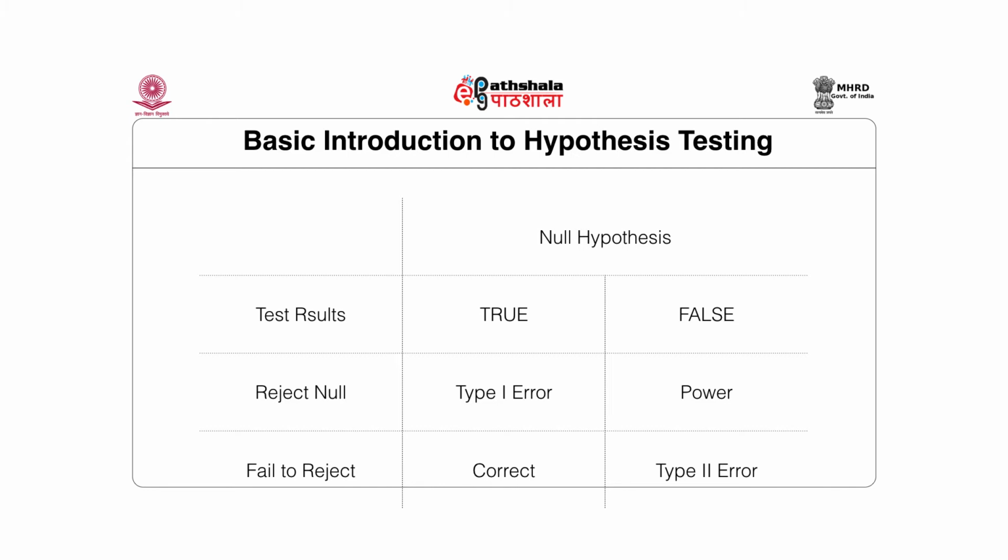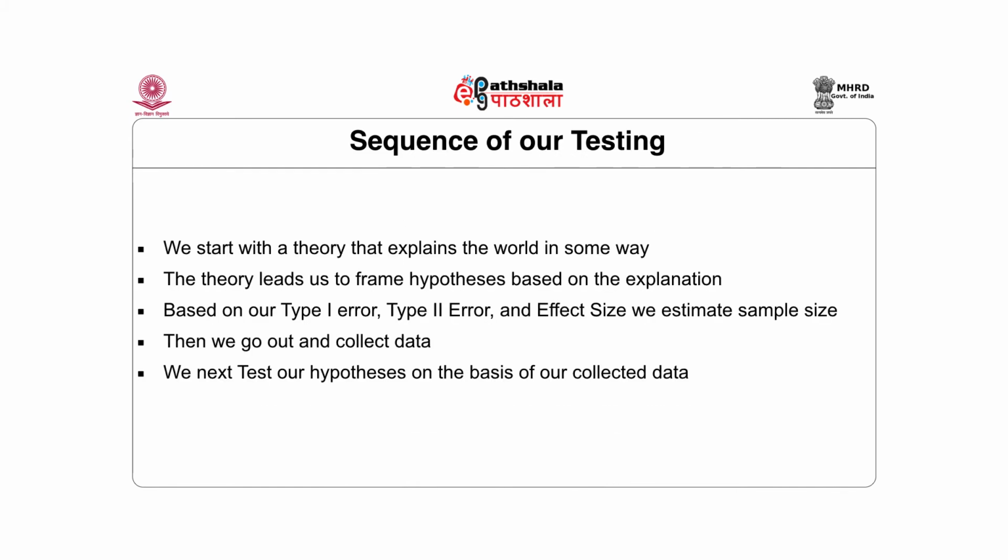So the next thing that I'd like to really focus on here is the whole process of our testing and the sequence of our testing, and where it sits in the theory of research. So let's take a look at that before we move on to using R for these calculations. In a sequence of our testing, we always start with a theory.